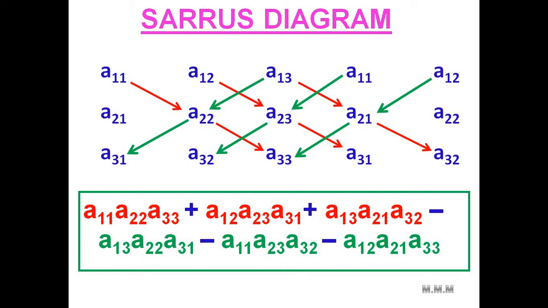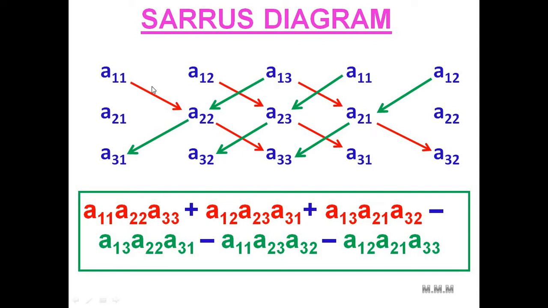This is the Sarrus diagram. In the beginning, we have just written the values of A11, A12, A13, that matrix only, it's a 3 by 3 matrix. For finding this value, are you observing what has been written?